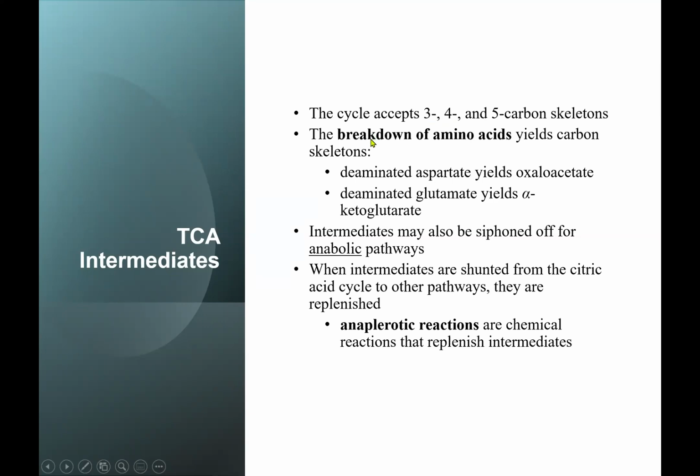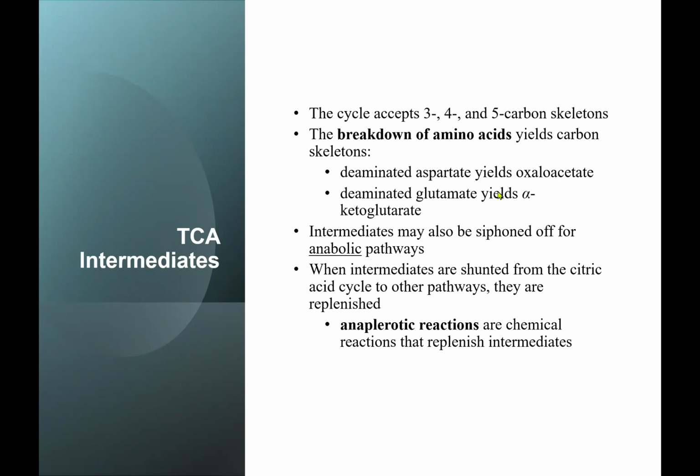And in the case of the breakdown of amino acids, we can get skeletons such as oxaloacetate. If we deaminate aspartate, if we remove that amine group, we get oxaloacetate. And if we deaminate glutamate, we actually get that alpha ketoglutarate molecule.